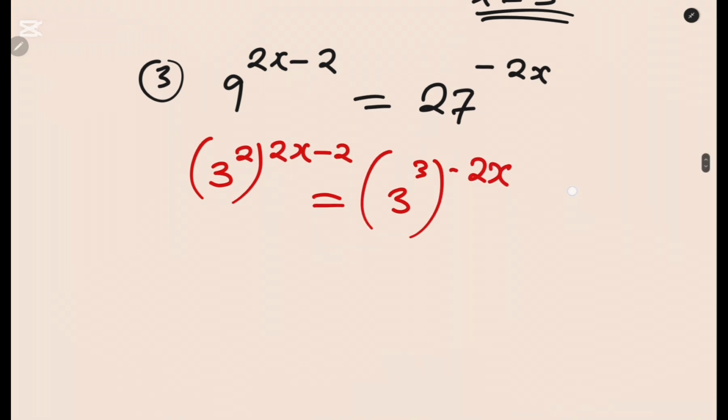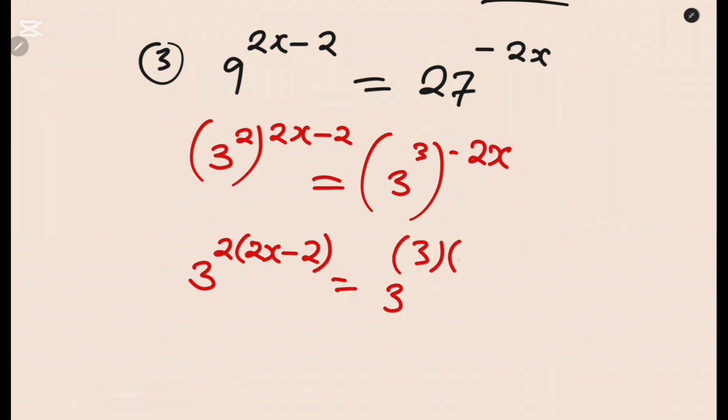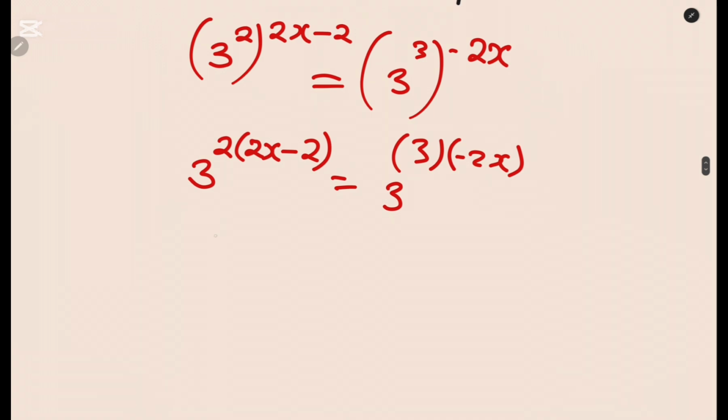Now applying what we call the power rule, a power raised to a power, you multiply. So we have 3 with power 2x minus 2 multiplied by 2, equal to 3 with power 3 multiplied by negative 2x.